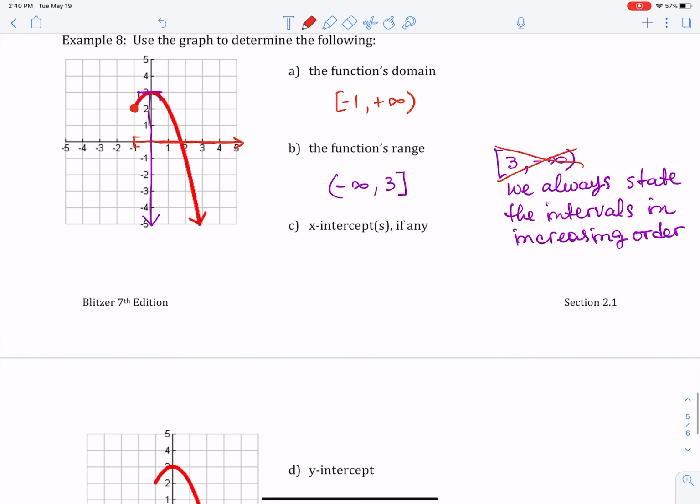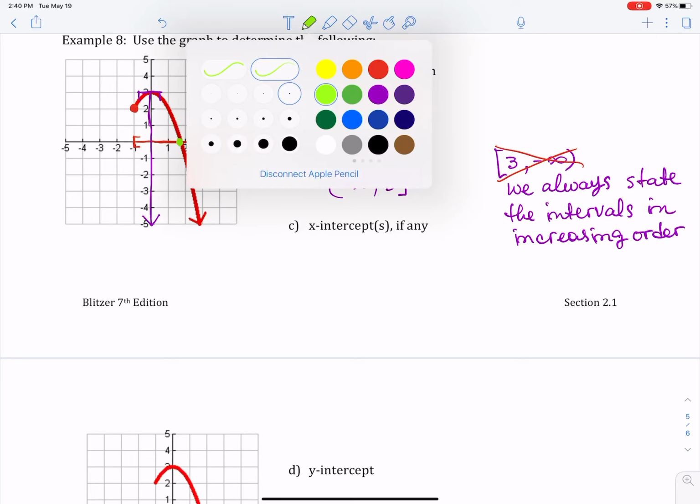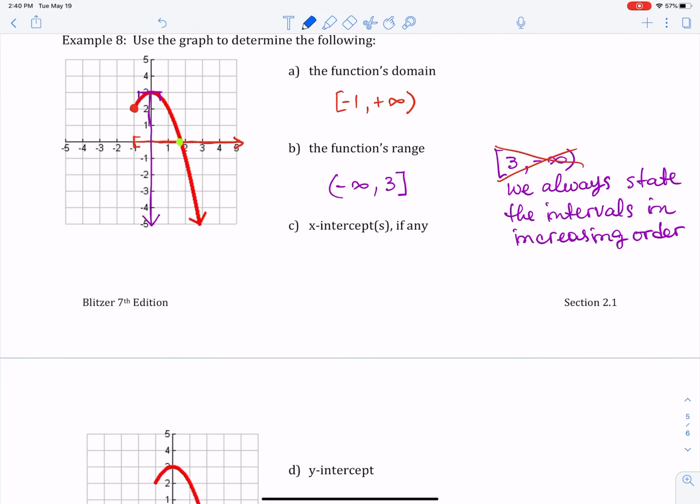What are the x-intercepts? Well, let's locate the x-intercepts. It looks like the x-intercept is somewhere right before 2. So I'm going to roughly say that's 1.8, for example. I'm going to say let that be 1.8, that point here.